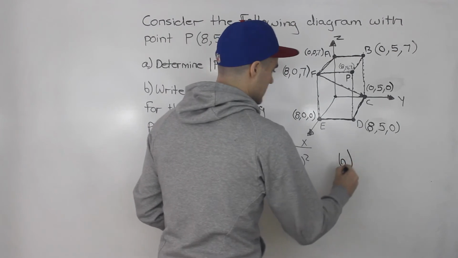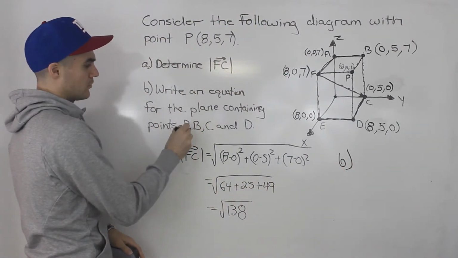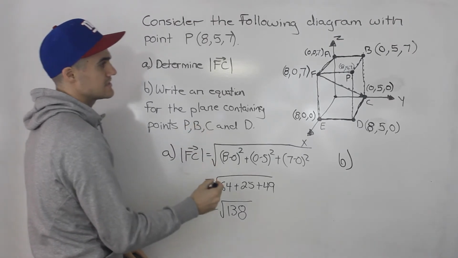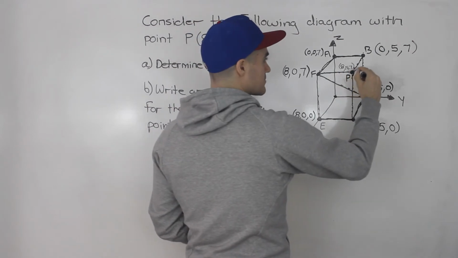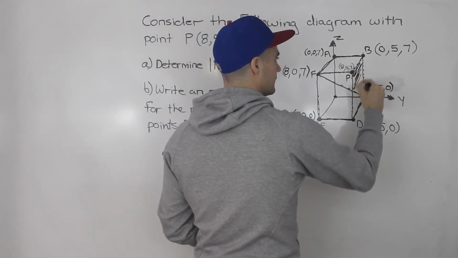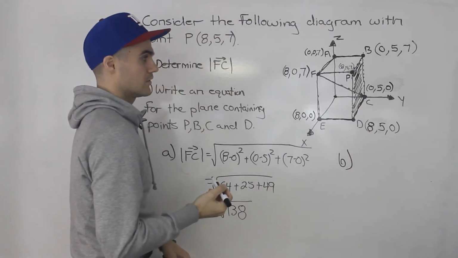And then part B, they are asking, write an equation for the plane containing the points P, B, C, and D. So points P, B, C, and D, that's this plane over here. What's the equation of that plane going to be?